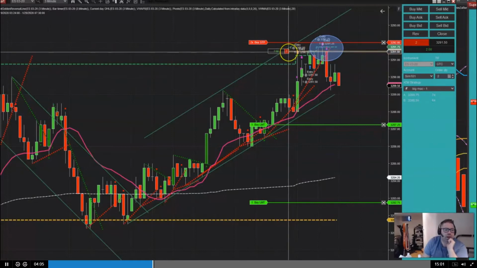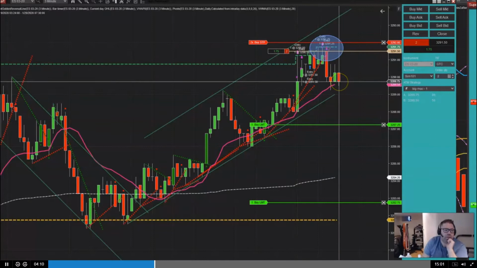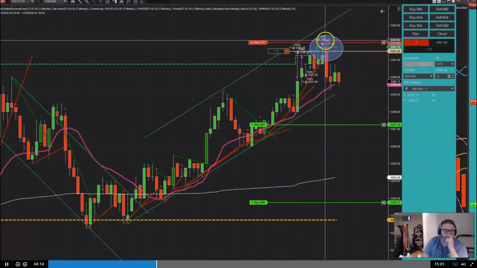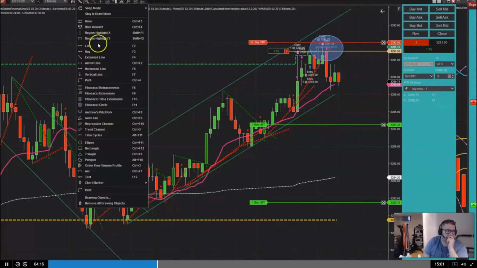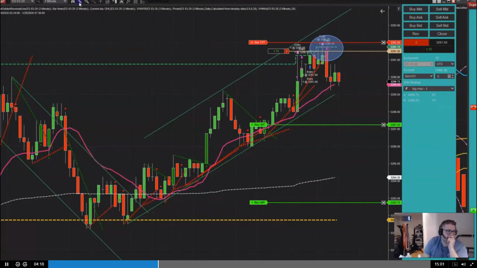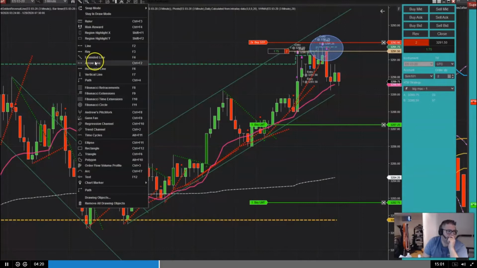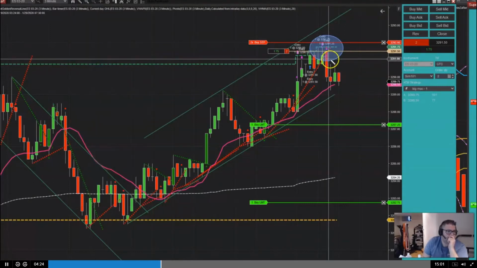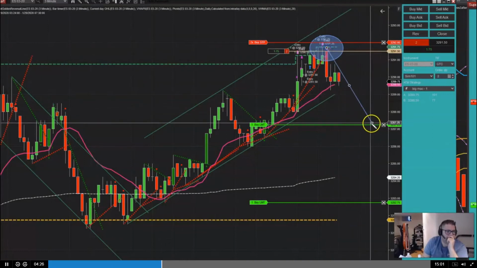So I have 2 contracts, that's $100 per point, and right now I'm up $200, right? But what's going to happen is this thing, in my opinion, is going to go all the way down like this.